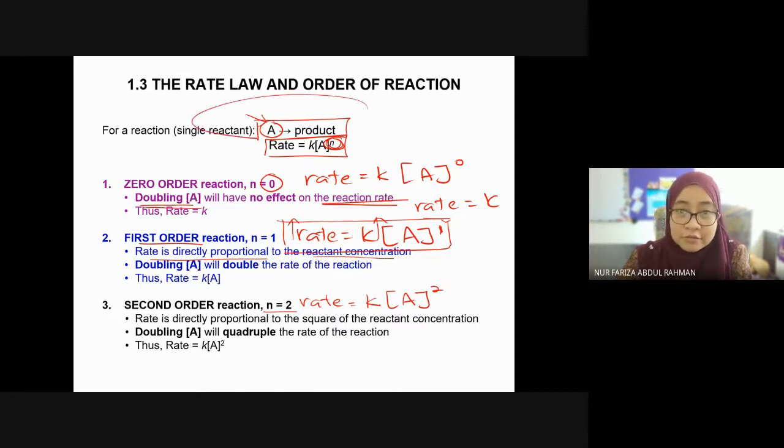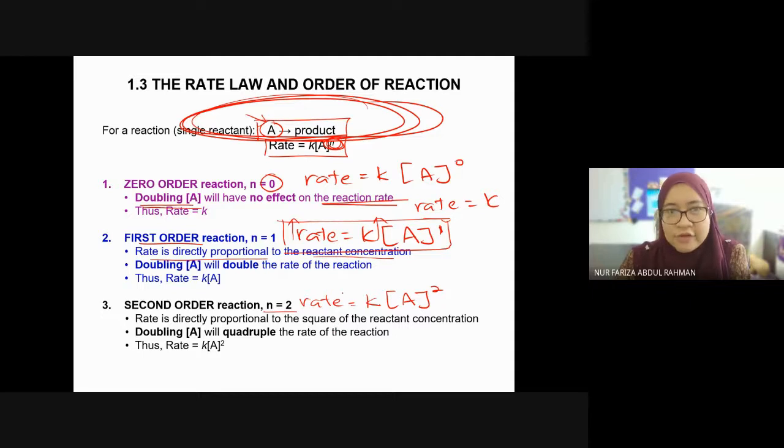Okay, this is with respect to this equation just now. If we have 2 reactants, that means you have to find the order for the other reactant also. Okay, so ni you ada 2 order lah dekat situ. Tapi ni kita just nak kenal perangai reactant tu punya order.